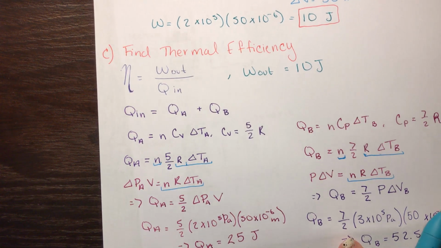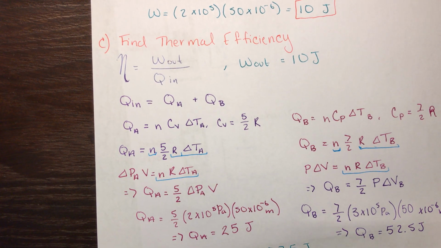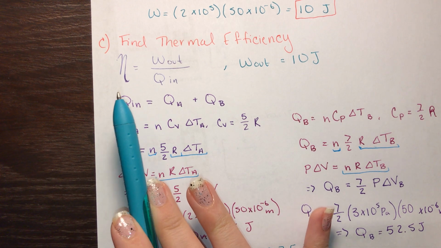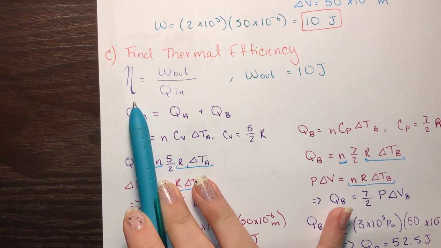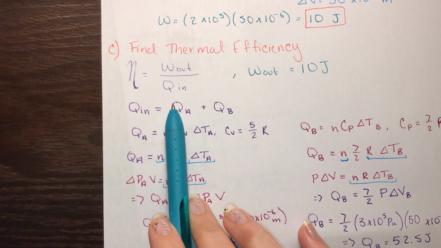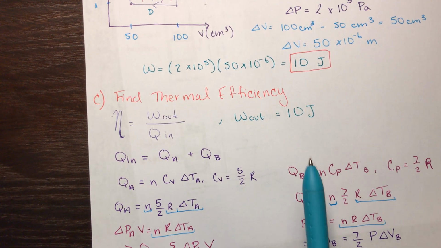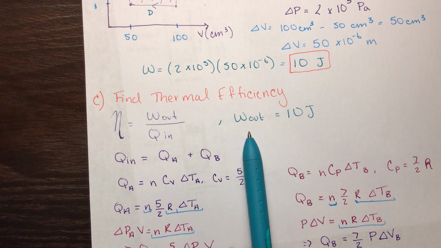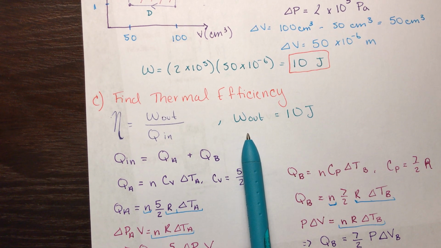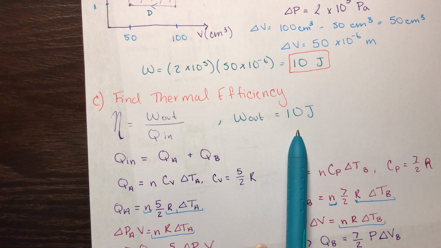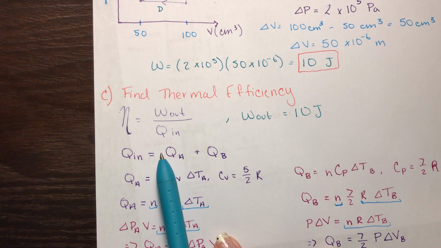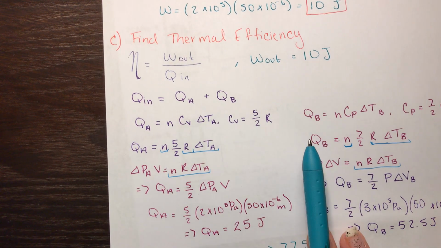Now for part C, we want to find the thermal efficiency, and we know that for a heat engine, the thermal efficiency is the work out divided by the heat in. From part B, we found that work out is 10 joules, so we don't have to do anything for that, but we do need to solve for the denominator here.